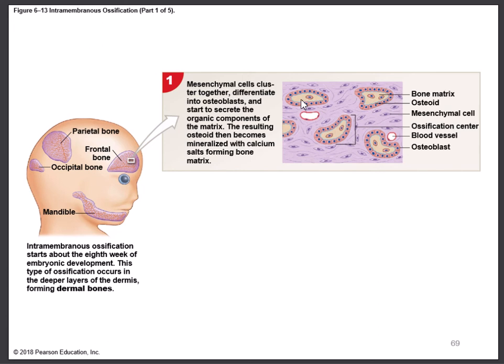Once it calcifies, we get a little bit of bone formation here. So really that's all that's happening in this step: the mesenchymal cells are clustering together and they turn into osteoblasts. The osteoblast lays down some of the osteoid, and that osteoid starts to form bone, and we get these little bony islands. Here's a bony island here, a little bony island over here and here.